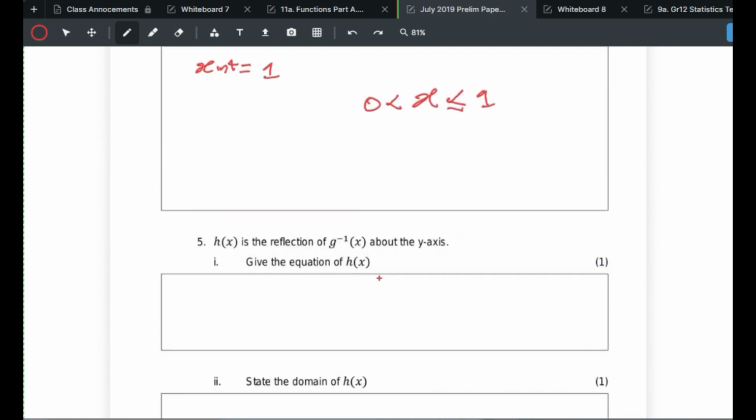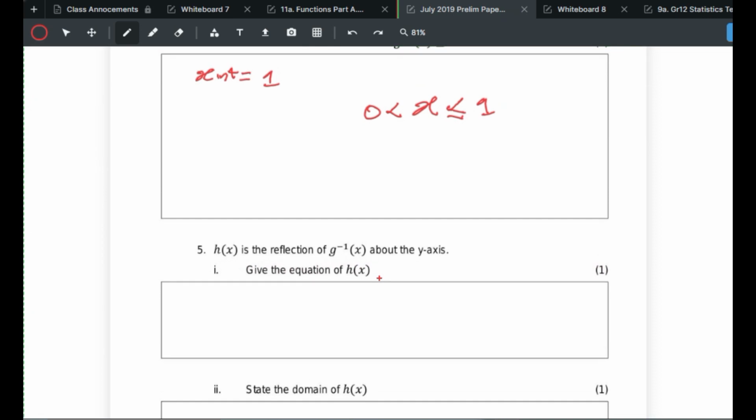Yes. Okay, now we go to this here, which says h(x) is the reflection of the inverse about the y-axis. Give the equation of h(x). So what does reflection about the y-axis mean again? The x value will be negative. Exactly.